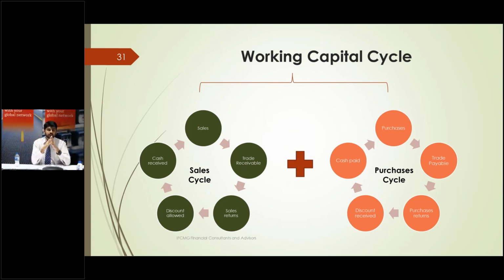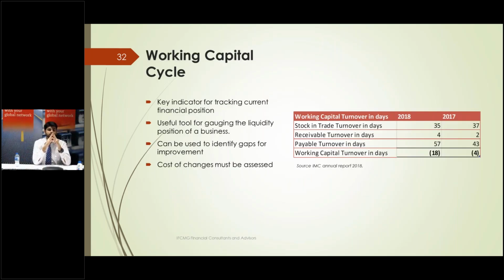And if you look at the Indus Motor Company, we've already discussed the business model. We have stock inventory turnover, receivable turnover, payable turnover, and working capital turnover, which is the net of these three numbers.